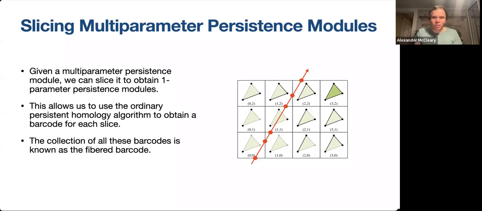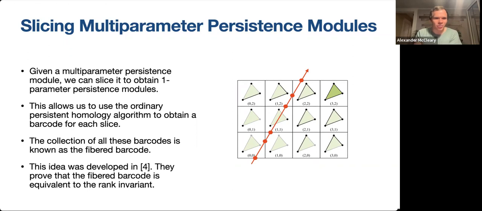The collection of all of these persistence diagrams or barcodes is known as the fibered barcode. So this is basically taking multi-parameter persistence modules and turning them into something one parameter where we can work with them.